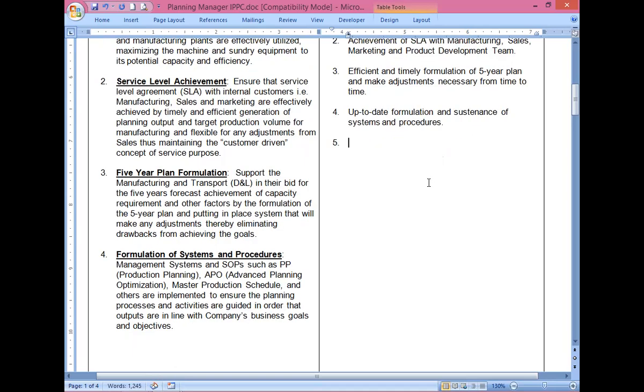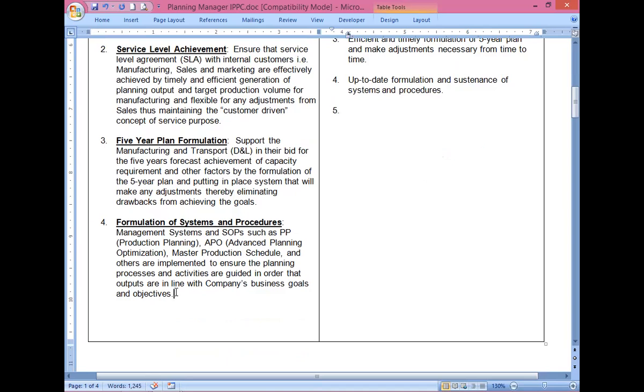Okay. We cannot write that yet because we don't have the AOR yet. So we have to start with number 5 AOR. What else do you want to have for this position? I would say budgeting and manpower planning would be part of its responsibility.